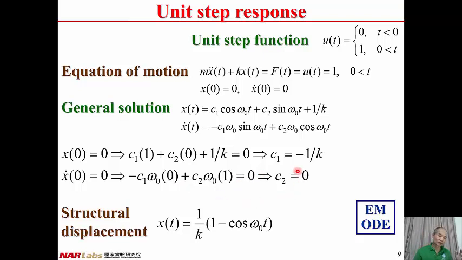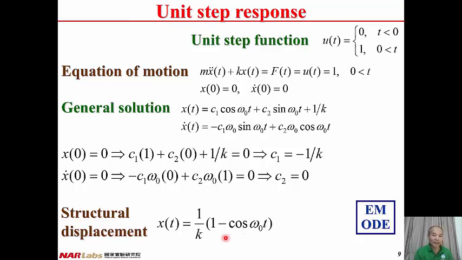Once we have the coefficients of integration c1 and c2, we substitute them back into the displacement function. Then we can solve for the structural displacement x(t) equal to 1 divided by k times 1 minus cosine omega 0t. From the structural displacement, it can be observed that the displacement vibrates at the frequency omega 0, that's the structural frequency.